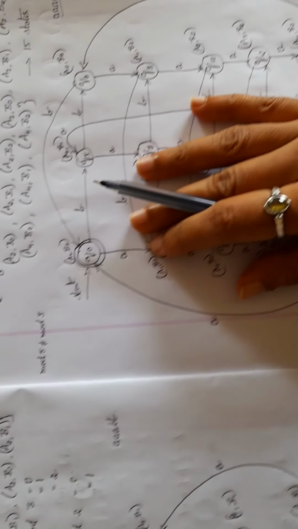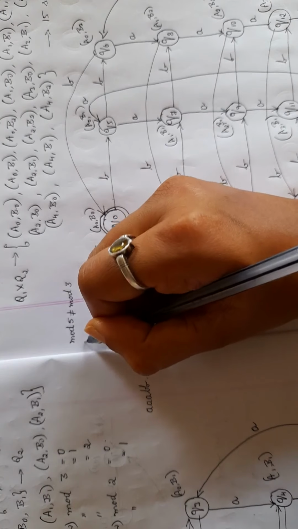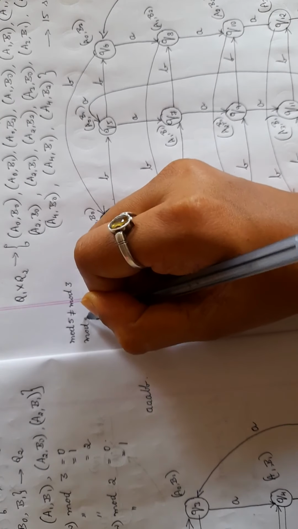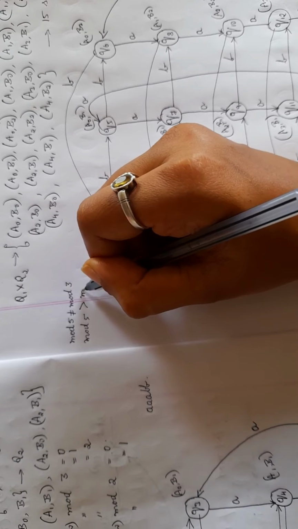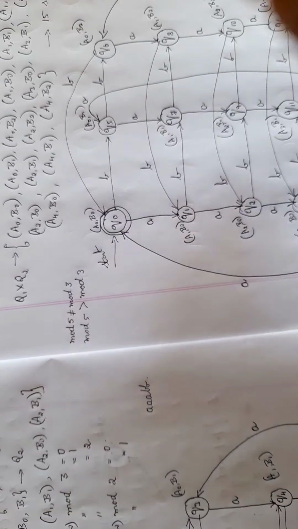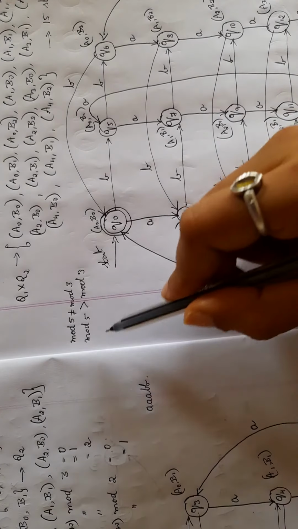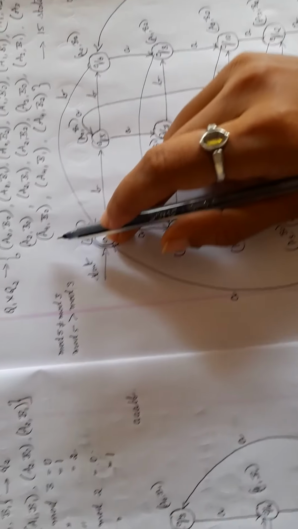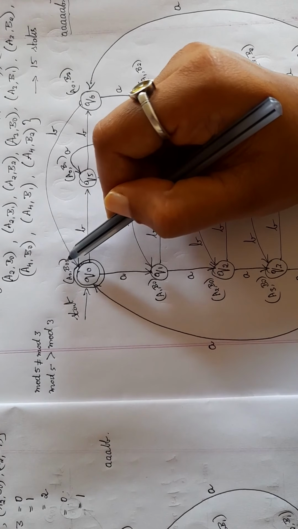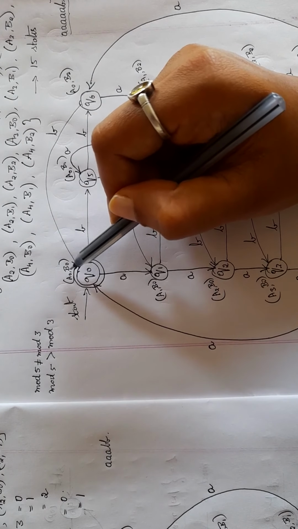Okay, I can take one more thing. Suppose I take number of A's mod 5 is greater than number of B's mod 3. That time you should check that this should be greater than this. If it is greater, it will be the final state.